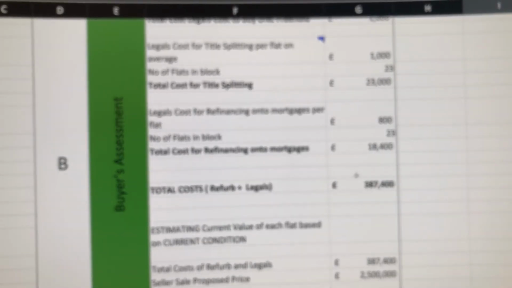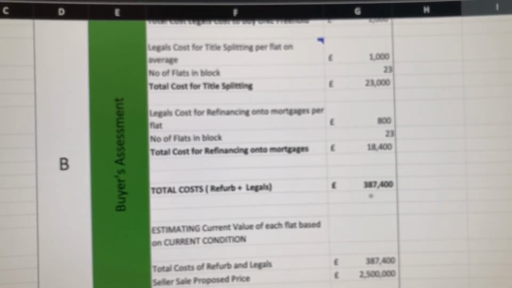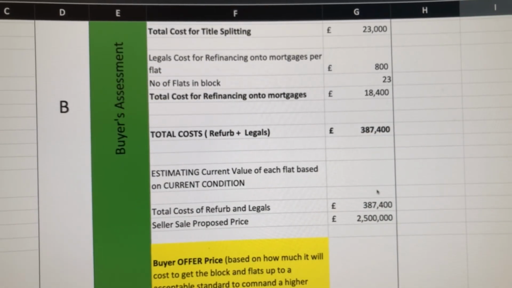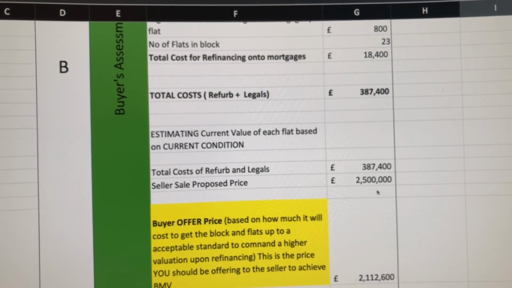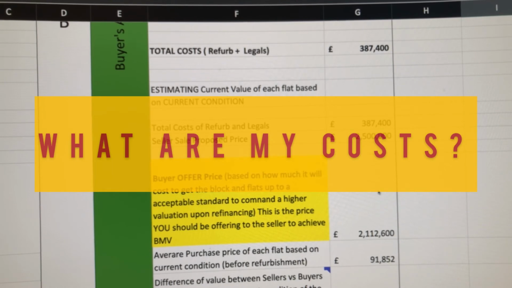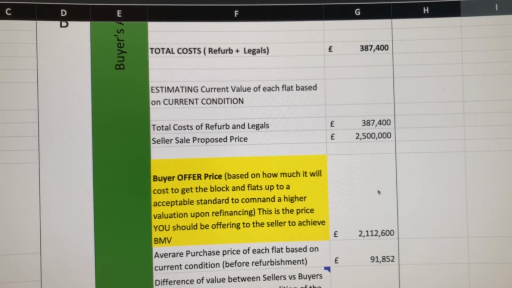In total, I then arrived at an initial cost of around £387,000 for this block, and this then gave me a way of calculating what I needed to negotiate as a discount from the seller.